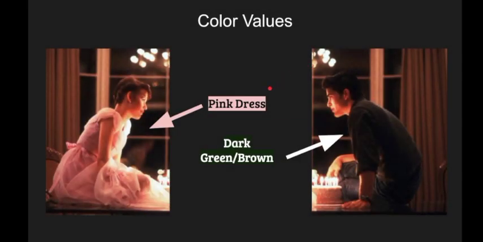Alright, so here you can see what I was talking about a couple seconds ago. Sam is wearing this pink dress, and Ryan is wearing darker apparel. He's wearing a brown shirt here. And the pink dress kind of represents, like what I said before, pureness. It could also represent wholesome and different things like that.